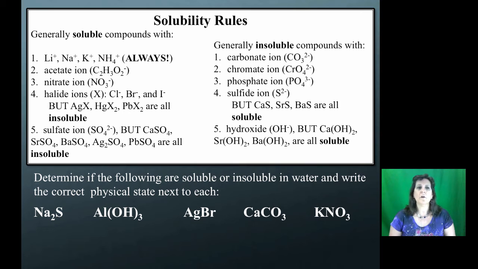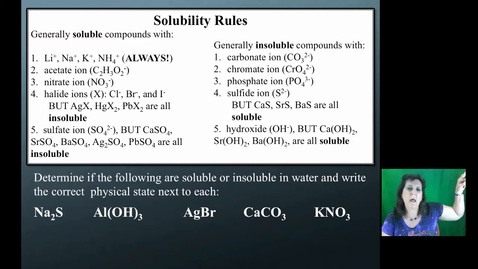So, if you're looking up a compound, whatever ion you get to first will govern that solubility rule. For example, if we said sodium chromate, you do not go to rule number 1 and say sodium is always soluble, but then over here it says chromate is insoluble.